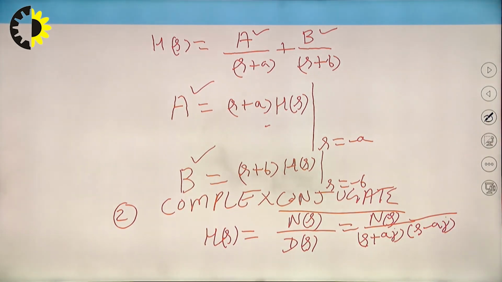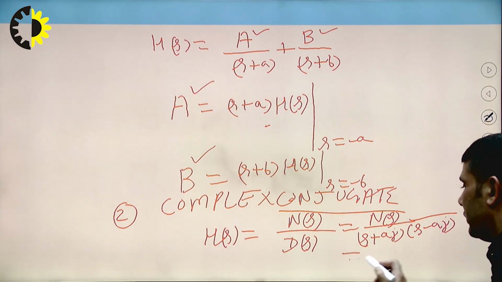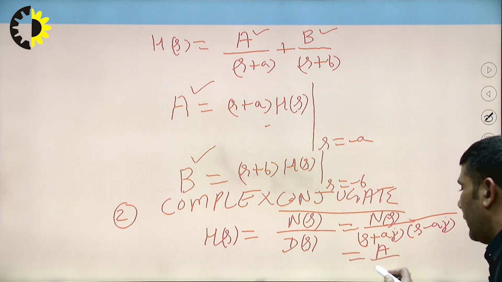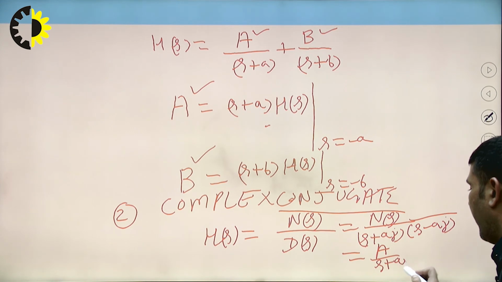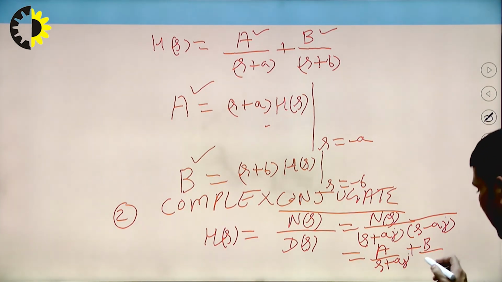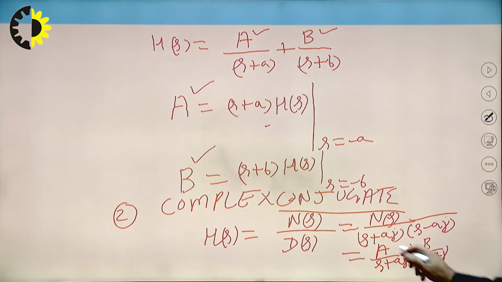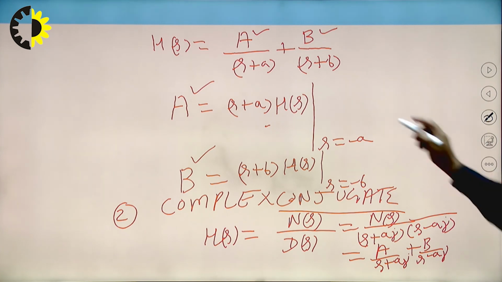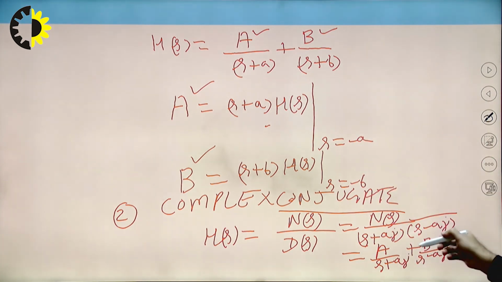Okay, so in this case just find out. This will be equal to, you can say, A over (s plus aj) plus B over (s minus aj). So here you need to find out only one, either A or B, just like the simple case, and the second one is the complex conjugate.